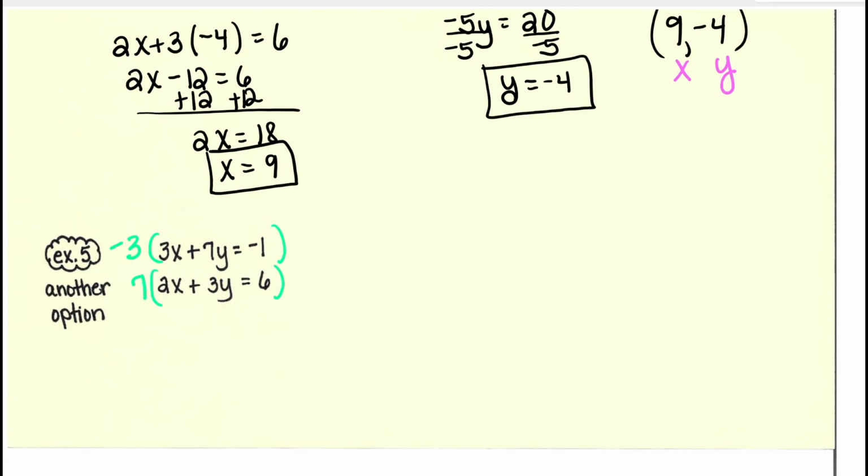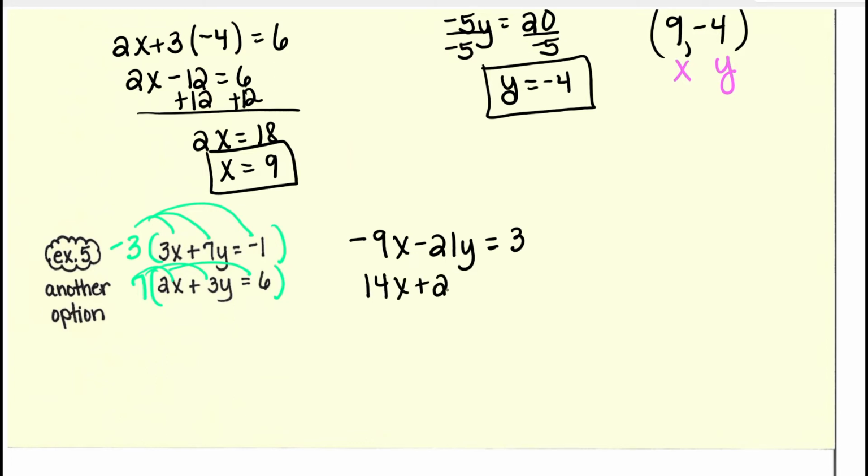So put a negative on either one, the one that makes you the happiest, and then I'm going to distribute through to every one. And so that'll be negative 9x minus 21y is equal to 3. Bottom equation, 14x plus 21y is equal to 42. Those y's canceled this time because we chose those.